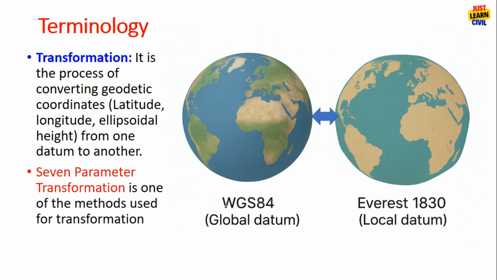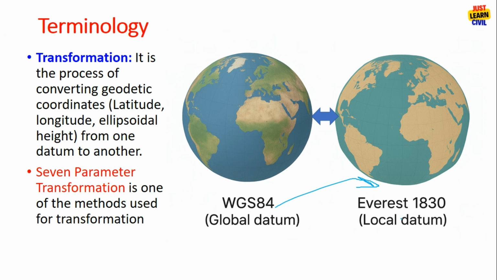Now let us understand transformation. WGS 84 is the global datum and Everest 1830 is the local datum. So if you want the data of WGS 84 to be transformed to Everest 1830 or any other local datum, then you need to use the process of transformation. WGS 84 has latitude, longitude and height.